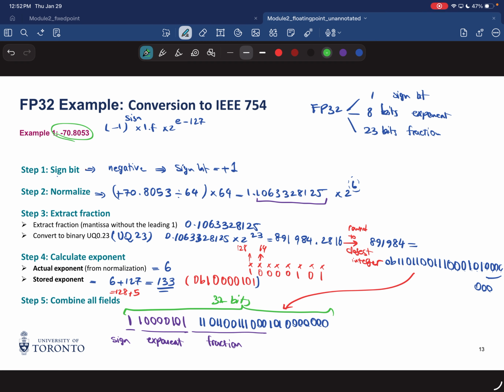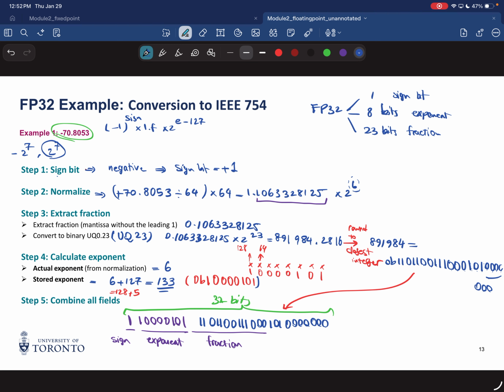The maximum number you can show with fixed point, with 8.23, is 2 to the power of 7. That's the maximum of the positive side, and on the negative side, minus 2 to the power of 7. Is that not the same thing as the floating point?